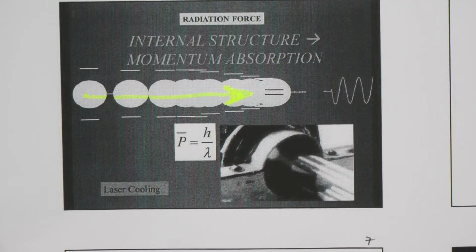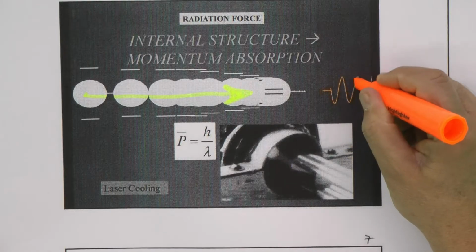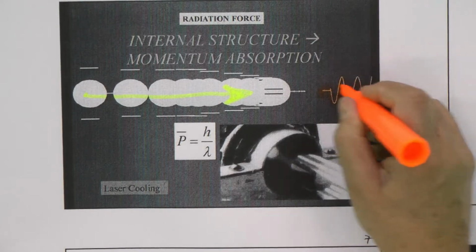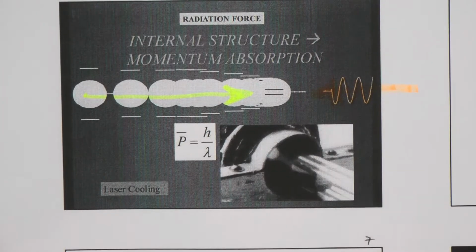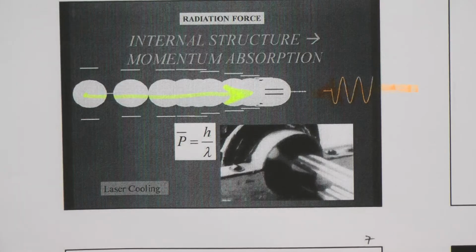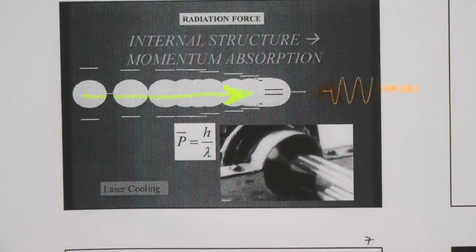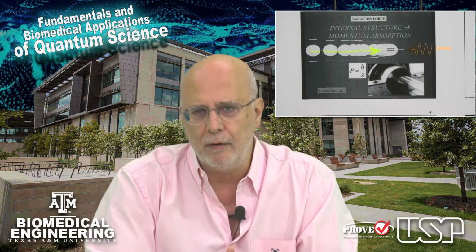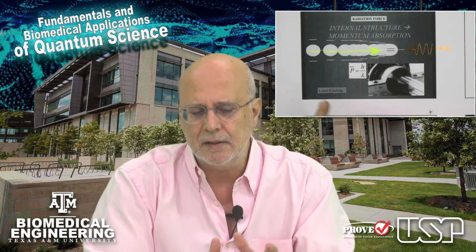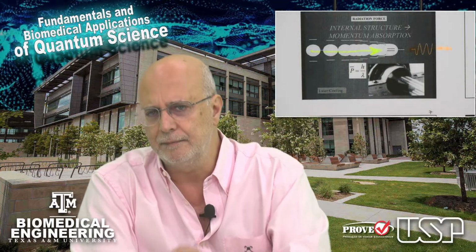Then what do I do? I shine a photon opposite to the motion. The photon is coming that way. Oops, it's not very visible here, huh? The photon is coming opposite. It turns out that each photon that's absorbed can produce a kick, a recoil on the atom, and slowly I slow down the atom.